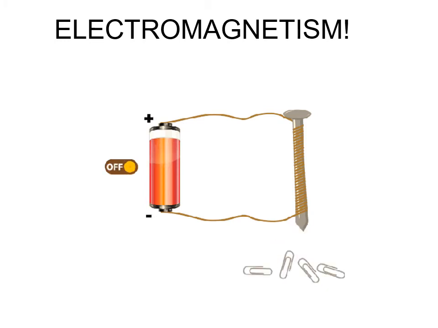Here, we have a very simple electromagnet, where we have a piece of wire wrapped around a nail. And we take that piece of wire and we attach it to a battery. And as the current flows through the wire, all the electrons are flowing from the negative to the positive.